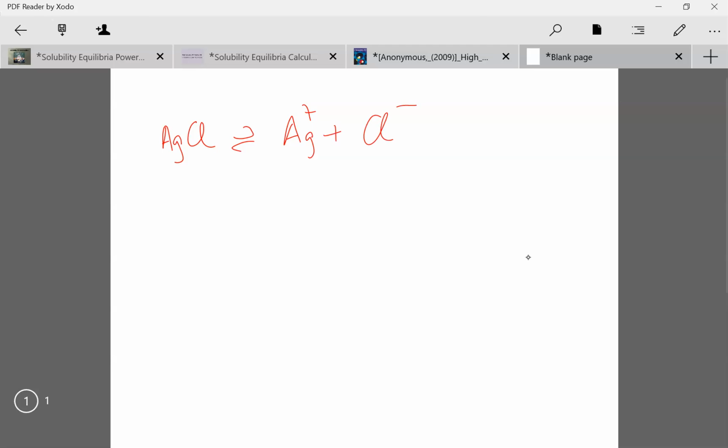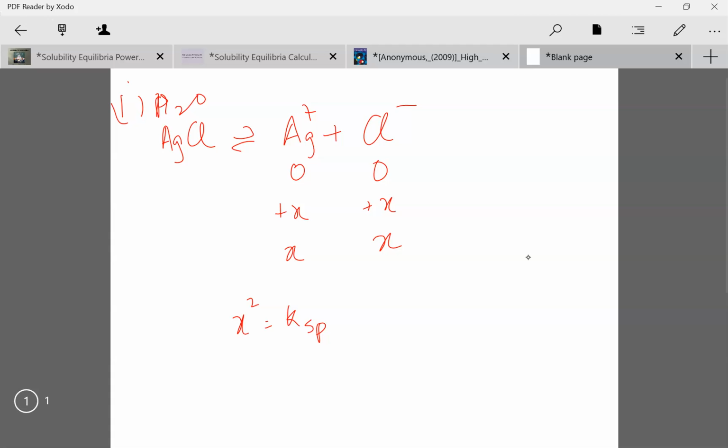So in pure water, first case, pure water. In water, we had again 0, 0, plus x, x, x squared equals KSP.